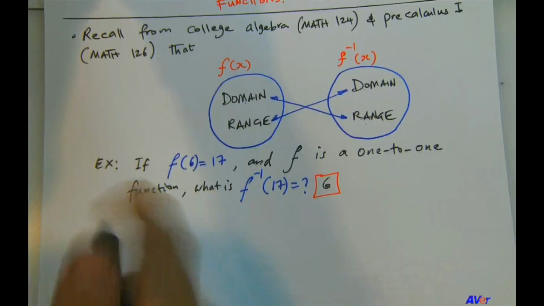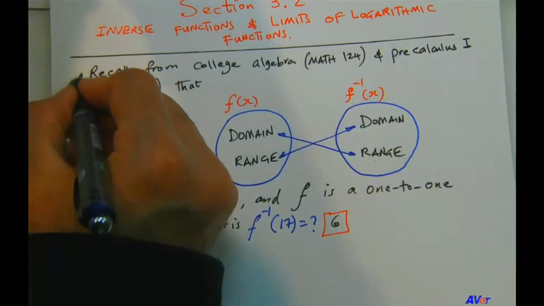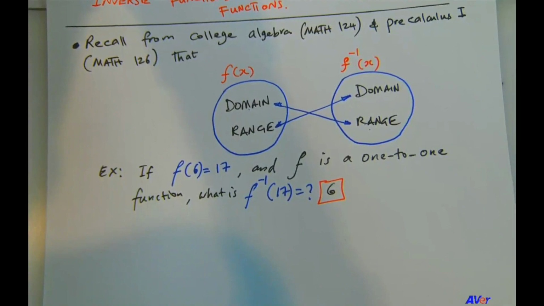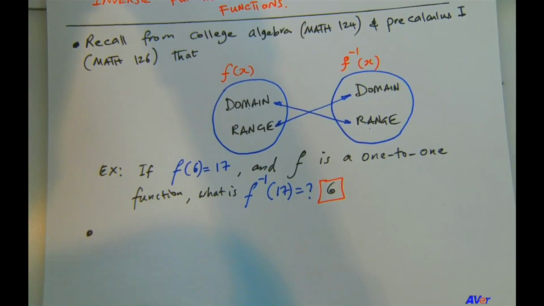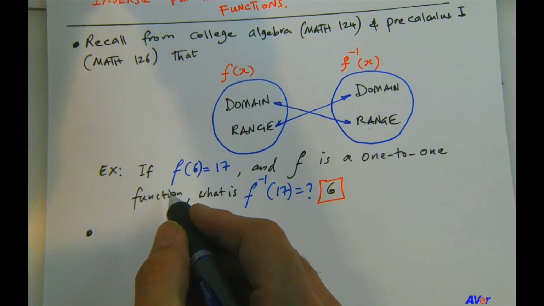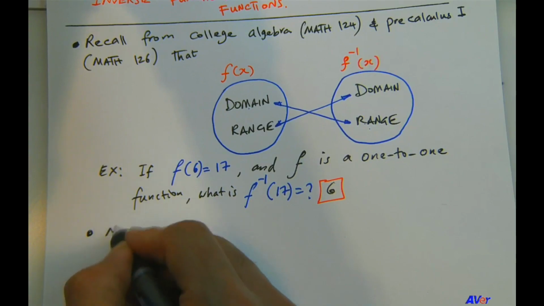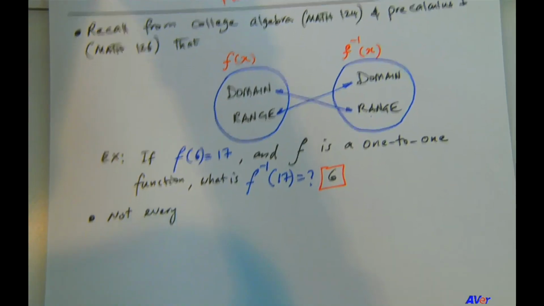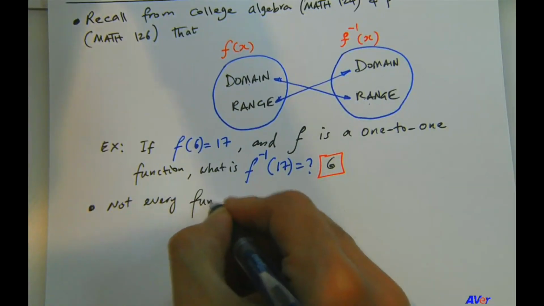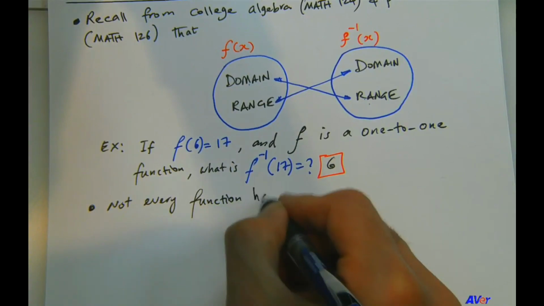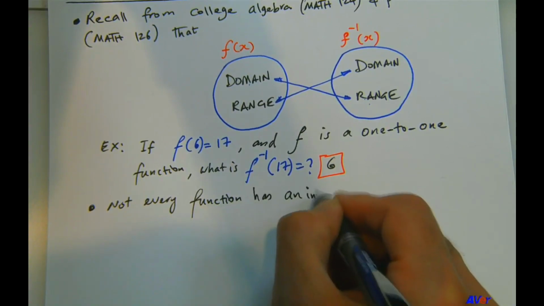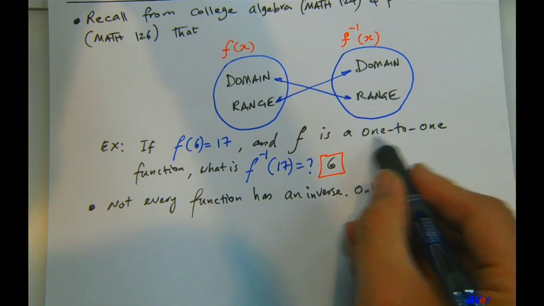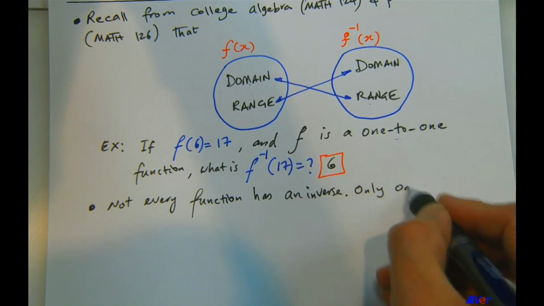Having said that, I just created these bulleted lists as a recall of what we already know. Let's remember that not every function has an inverse, and that only one-to-one functions have an inverse.